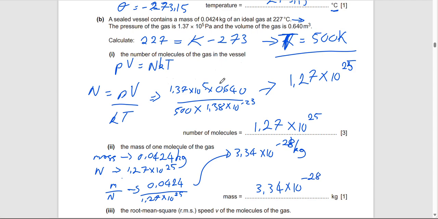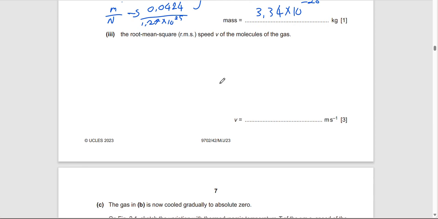Okay, good. Next question. The root mean square speed of the molecules of the gas. For this part, we're going to employ the equation that we're given in the data booklet, which is P equal to 1/3 multiplied by N M C squared over V. And we want to get the C squared, the mean square speed.